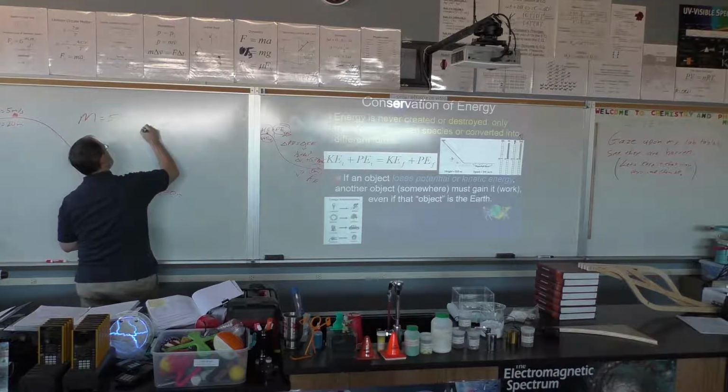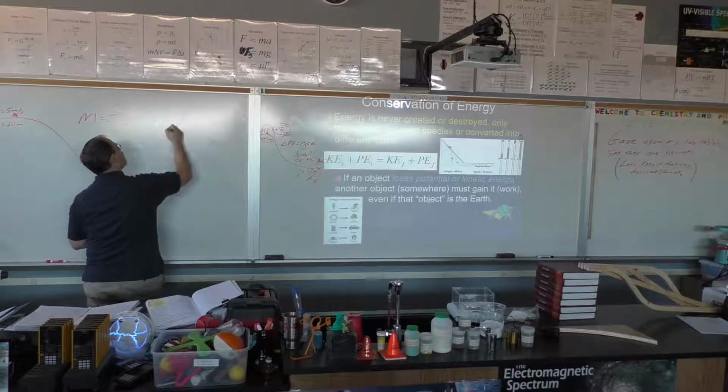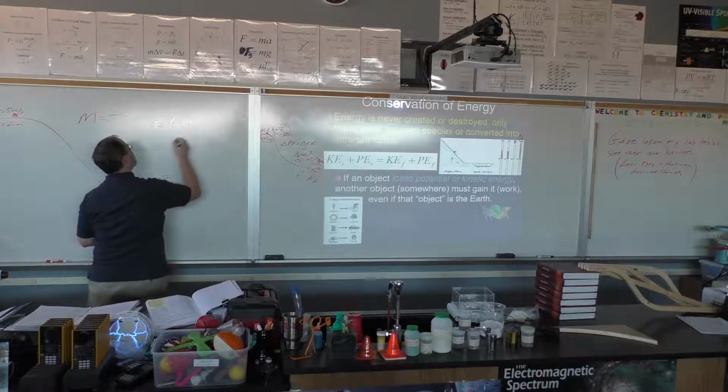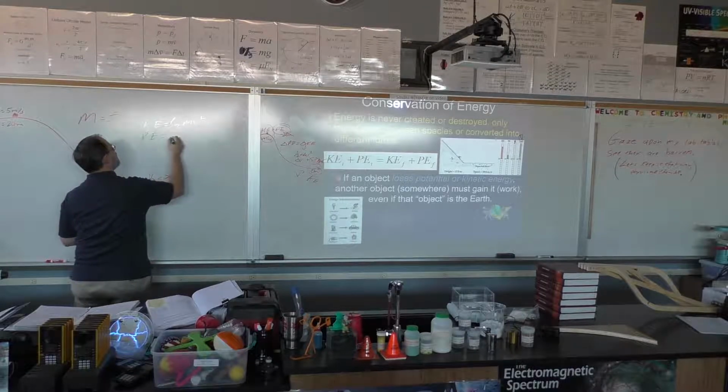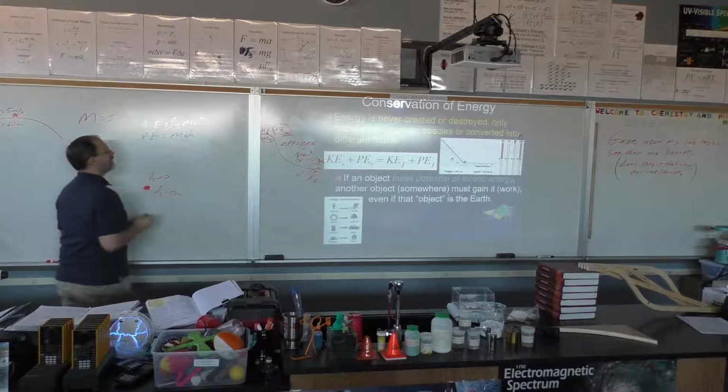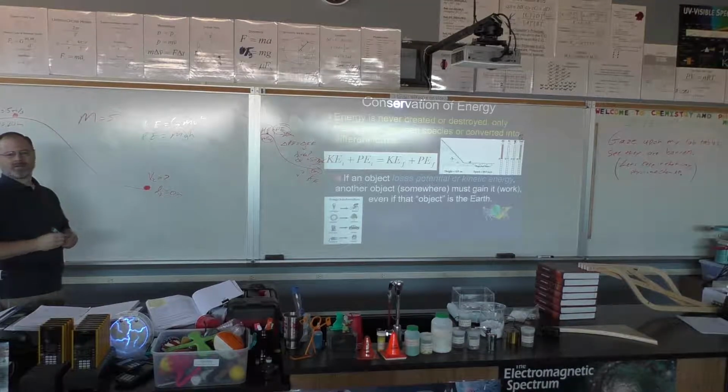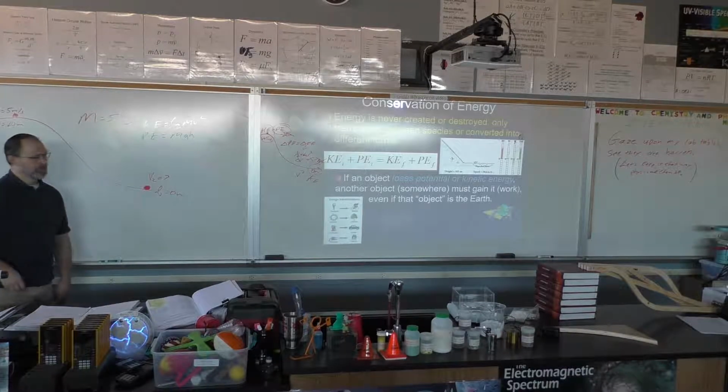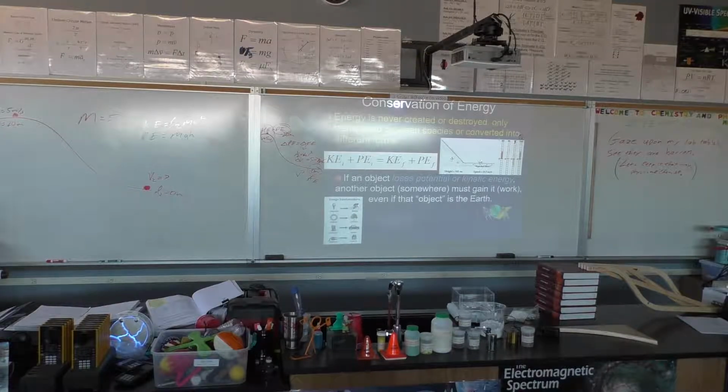So kinetic energy is 1/2 mv squared, and potential energy equals mgh. Can you see that in the back? M is mass. Yes, good point, we're going to assume this is on Earth. Look at all those 5s.